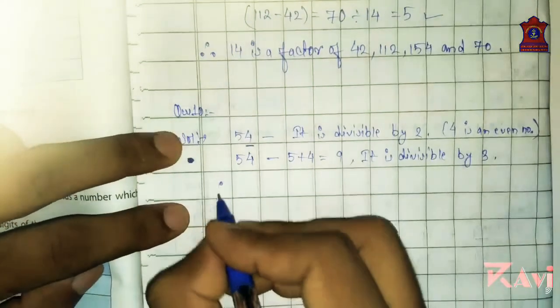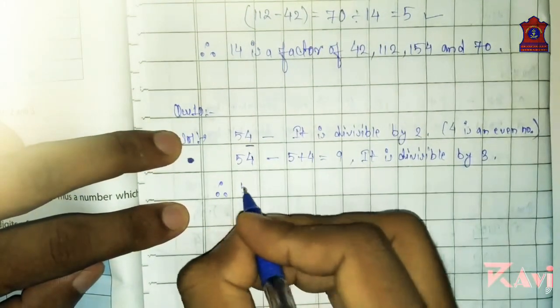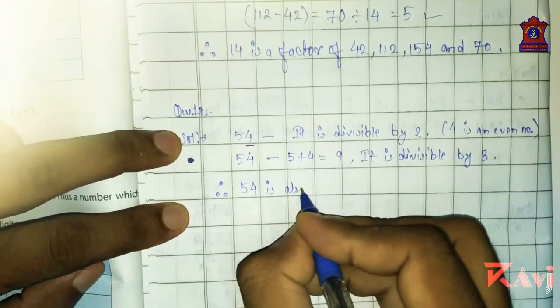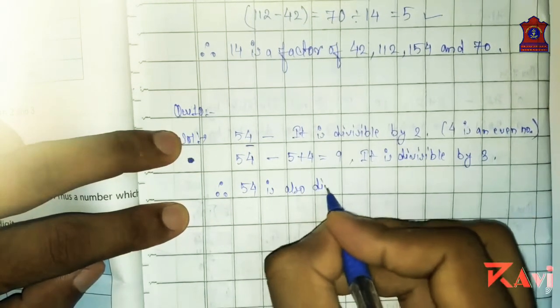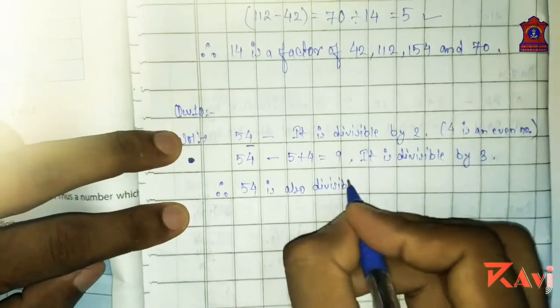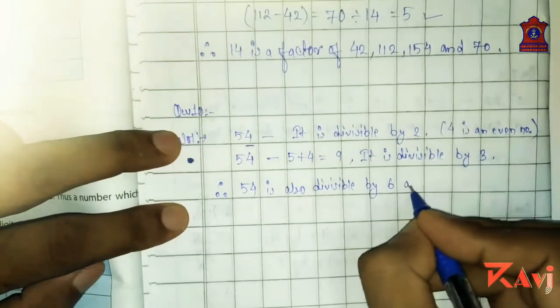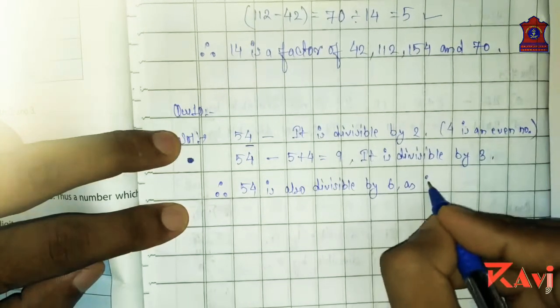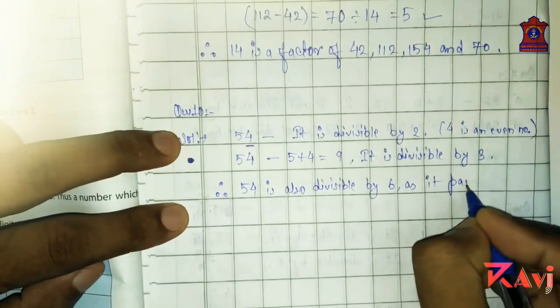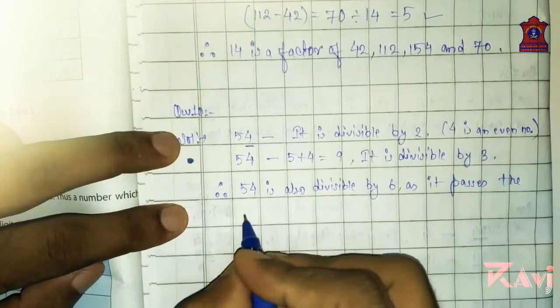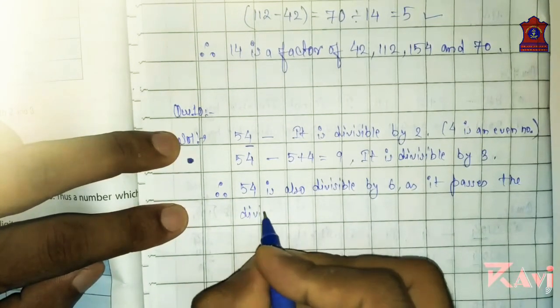Therefore 54 is also divisible by 6 as it passes the divisibility of 2 and 3 both.